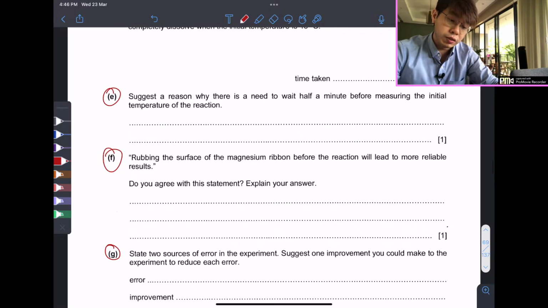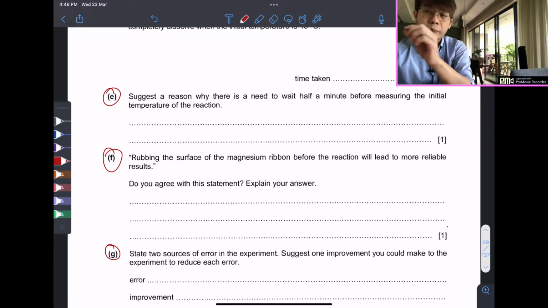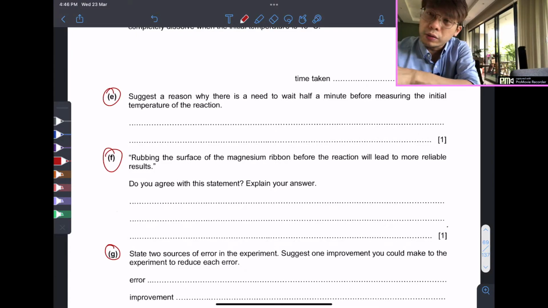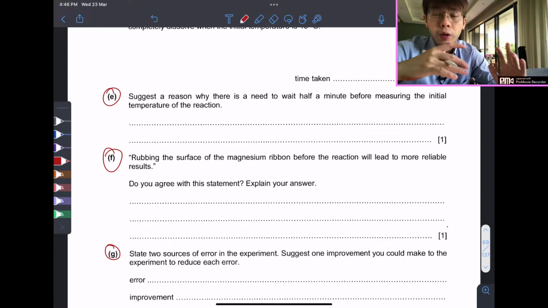Right, now suggest a reason why there's a need to wait for a minute before measuring the initial temperature of the reaction. So this one is actually quite unique to this experiment. The reason why you need to wait for 1 minute is not because you're measuring the temperature of the water bath or whatever. You are actually just waiting for the temperature throughout the liquid to be the same.